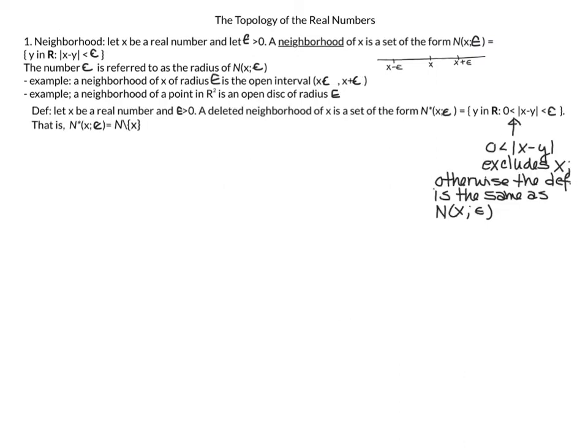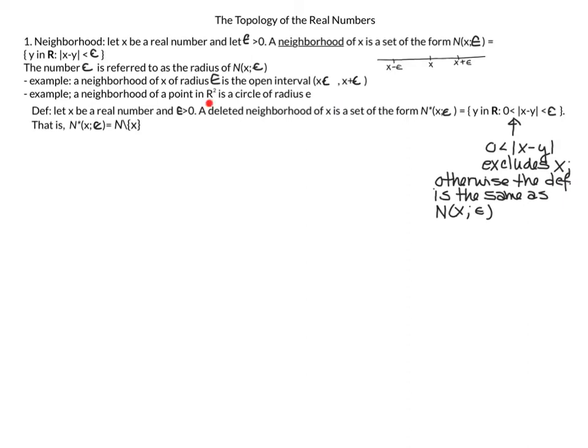Our two examples: if we have a neighborhood of x of radius epsilon, then that will be the open interval x minus epsilon to x plus epsilon, and the open interval does not include the endpoints. And in two dimensions, a neighborhood of a point is a circle of radius epsilon.